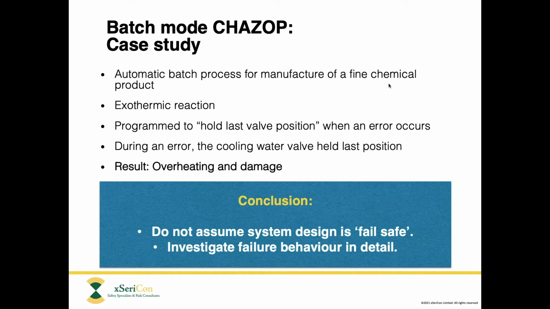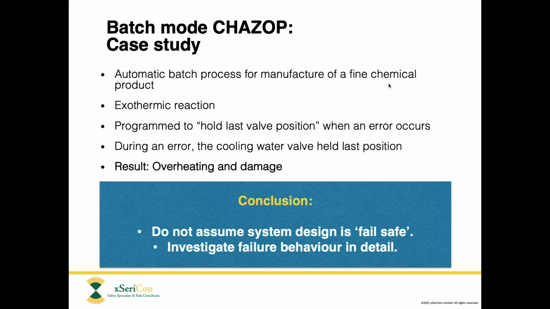But unfortunately, last position was only barely cracked open for the cooling water valve. So as a result, there was insufficient cooling. And the result is that the hardware, the process equipment, overheated and suffered some damage. So in that case, clearly, fail-safe was not actually safe. It did not put the process equipment into a safe state.